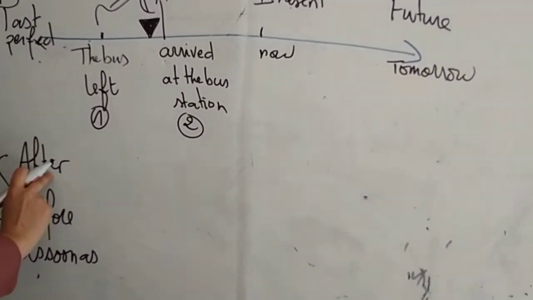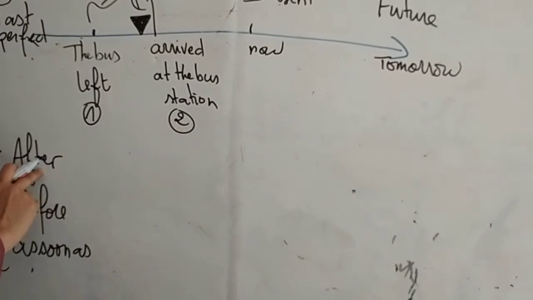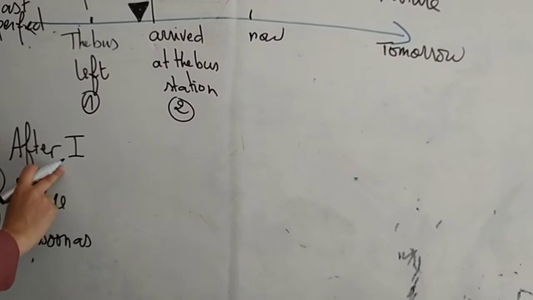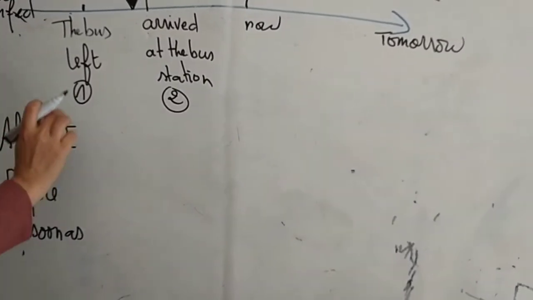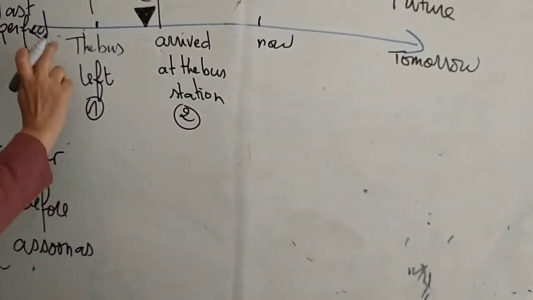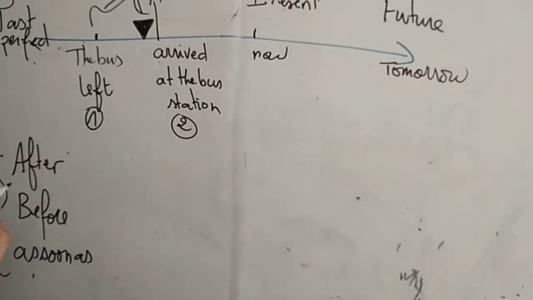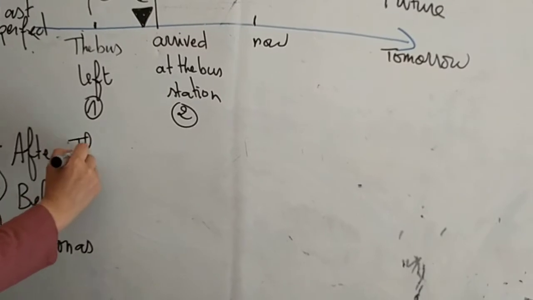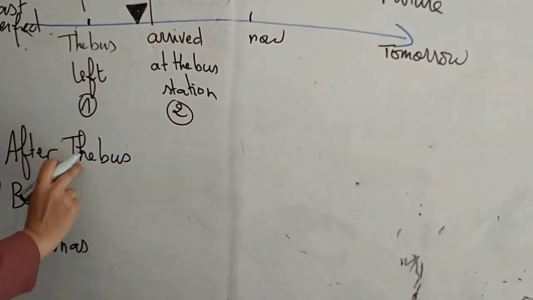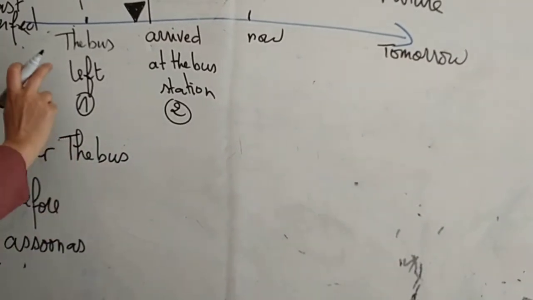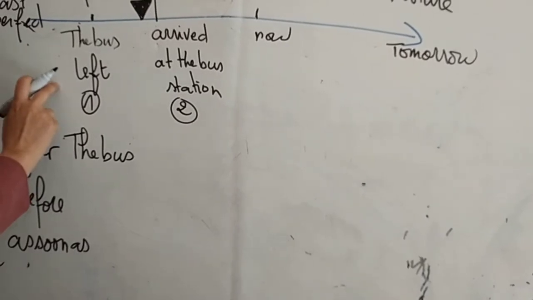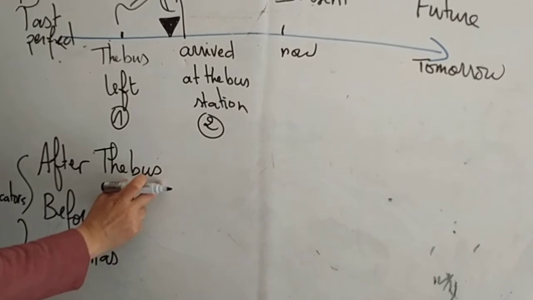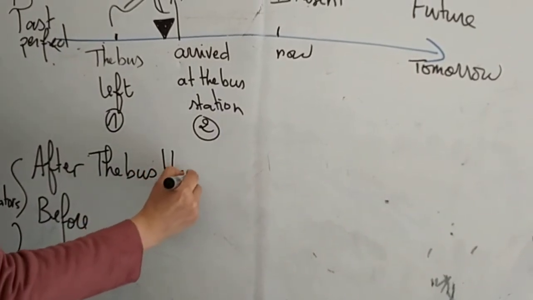After, okay, I always tell you that after is followed by the past perfect. So after, what is the first action? After I, I'm sorry, not I. The bus, because here in the example we are talking about the bus. I'm not talking about myself. After the bus, we are talking about activity number one, so we are gonna use the past perfect. After the subject, what do we have? Had.